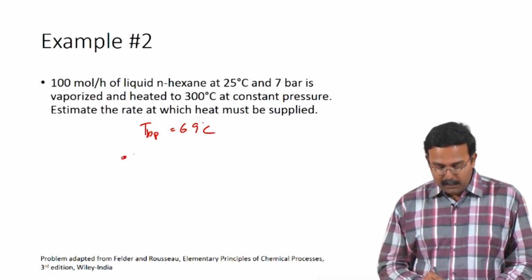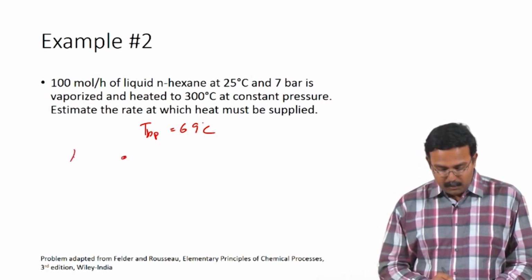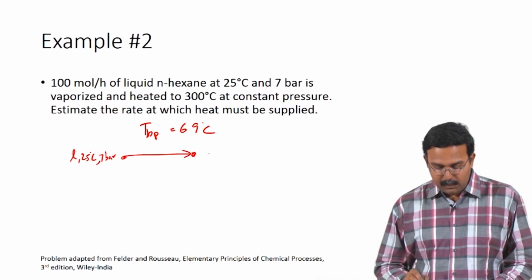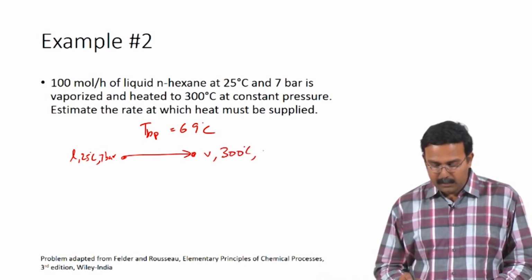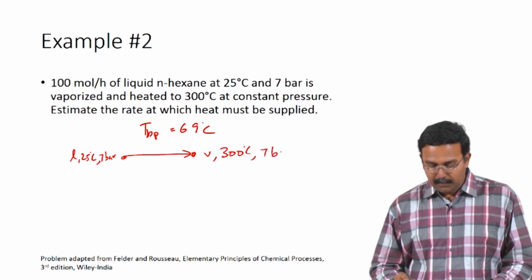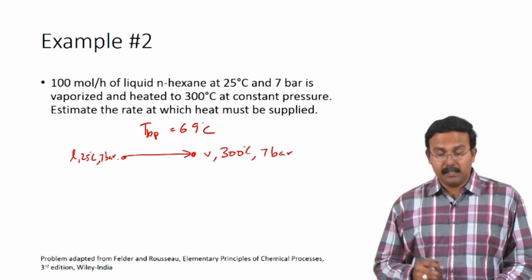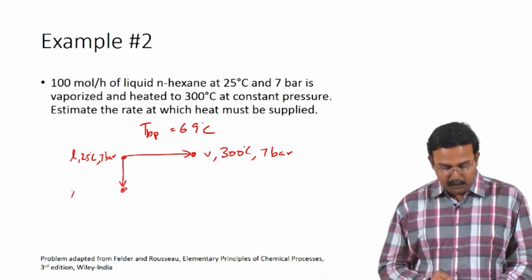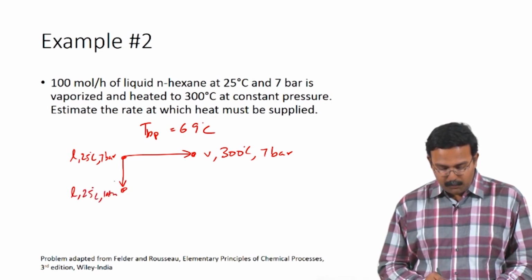So, you have the initial state which is liquid at 25 degrees Celsius and 7 bar, and the final state which is vapor at 300 degrees Celsius and 7 bar. As we want the phase change to happen at 1 atmosphere, let the first step of the hypothetical path be liquid at 25 degrees Celsius and 1 atmosphere, where only pressure is changing.